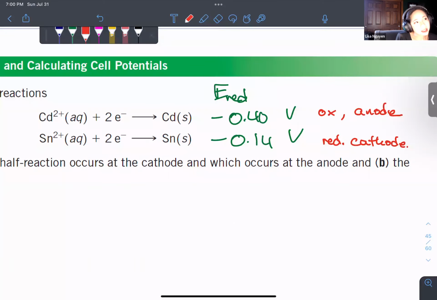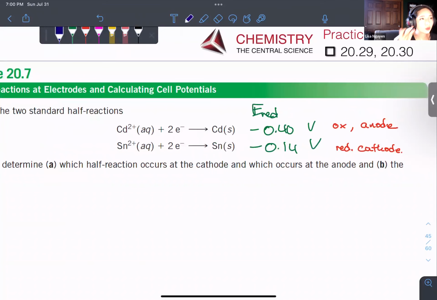When we set this up and use our overall cell potential calculation, putting it this way will give us a positive number for our cell potential, and that will be a spontaneous reaction. The idea is we want to identify our cathode and anode in a way that gives us the most positive cell potential.